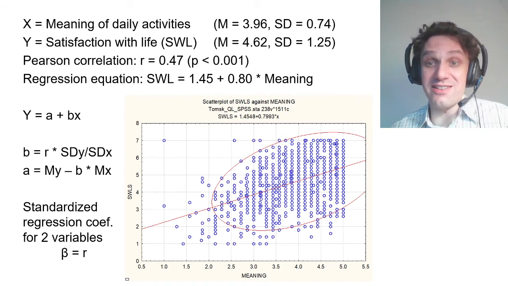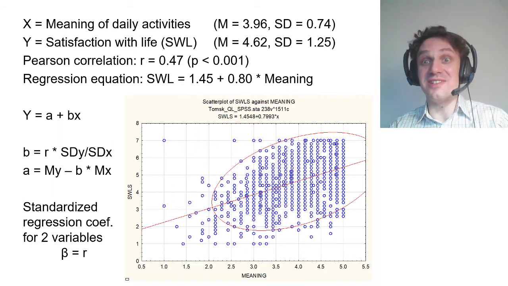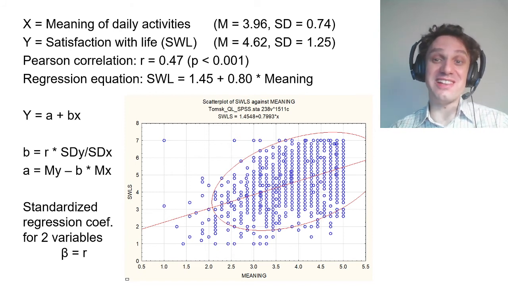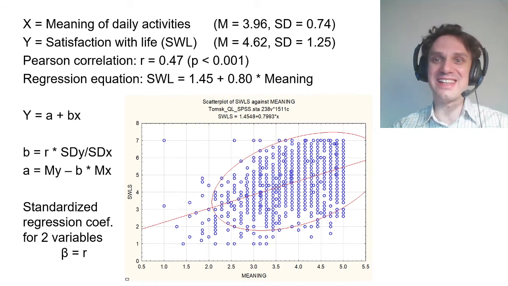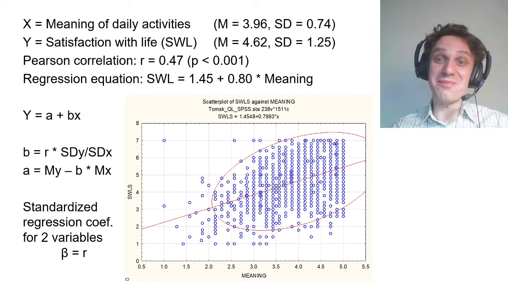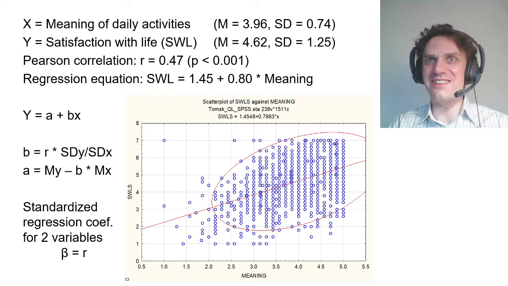But of course, there are other causes of individual differences in satisfaction with life, right? How much money you have, where you live, in a nice neighborhood or in a lousy neighborhood, and so on, in a large apartment or in a small apartment. So all these variables, if we included them in the equation, could explain additional variance.